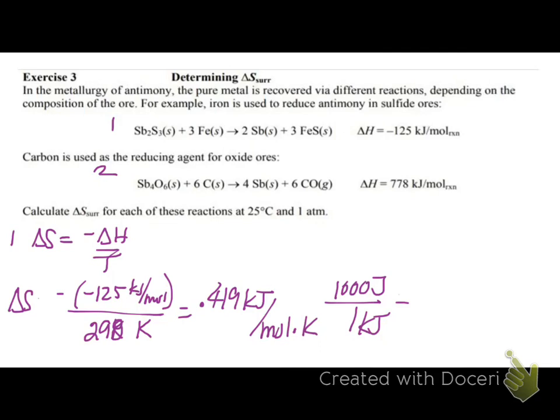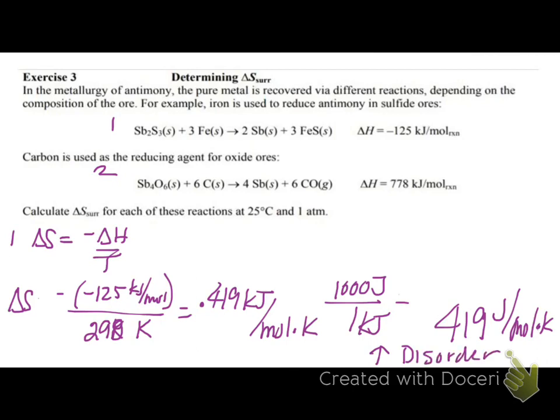Negative times a negative is a positive, so we have 419 joules per mole K. So what did our disorder do? It increased. So we increased disorder.